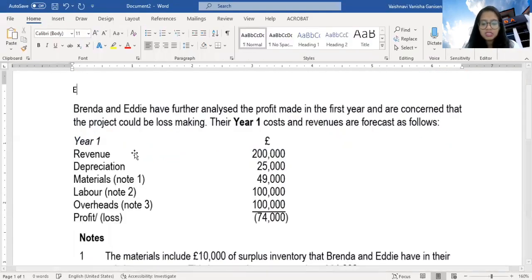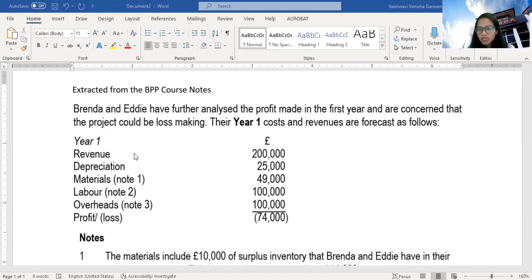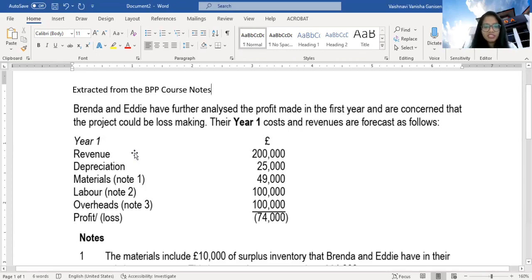This is extracted from the BPP course notes. Later on, after I finish this question, I want to do another question with you so that we have a very clear understanding of what relevant costs and relevant cash flows are. All right, let's start with this first.